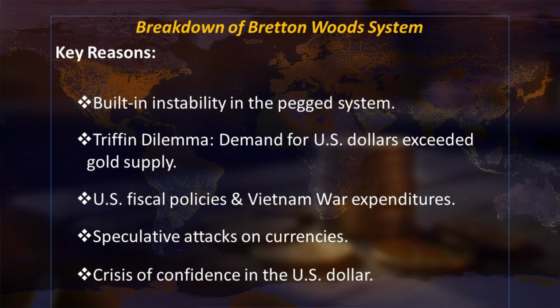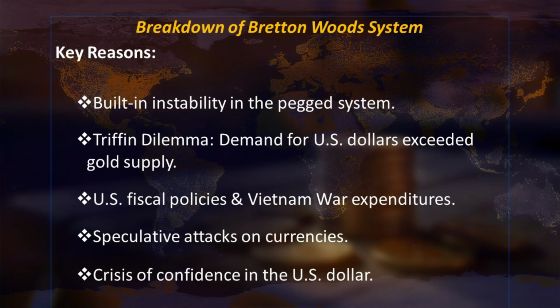The system is inbuilt in a way that creates instability. The fixed exchange rate system led to imbalances, and it also created deflationary pressures among the countries which engage in international trade.